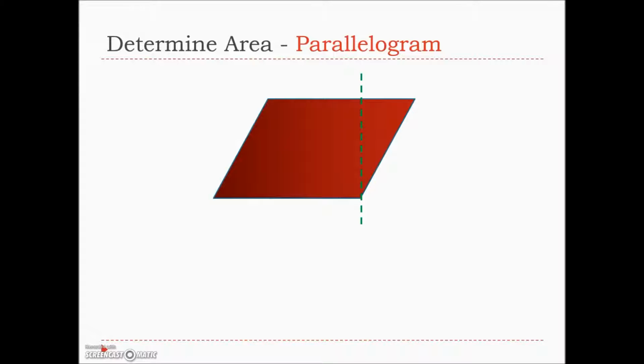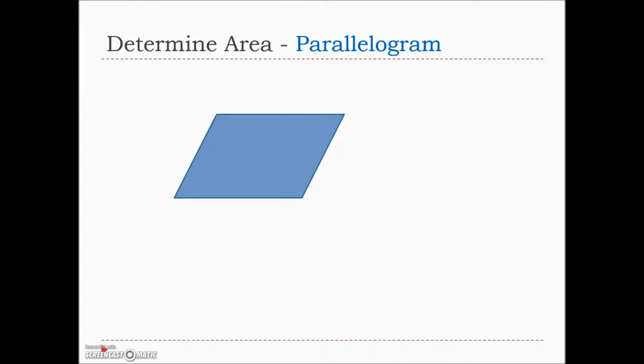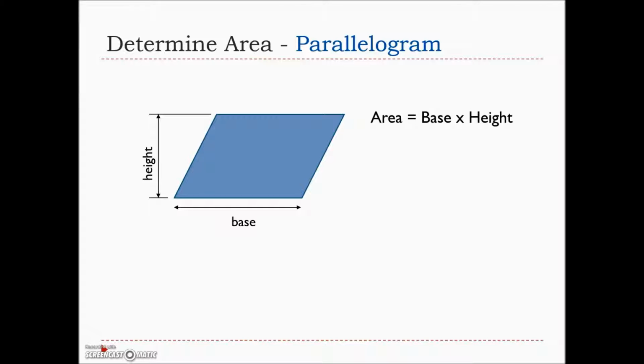And if you look at a parallelogram and cut where this dashed green line is, remove that piece and place it to the left-hand side, all of a sudden we've got the rectangle shape that we just looked at a minute ago. This is the basis for the formula then for the area of a parallelogram. We take the height, the distance between two parallel sides, times the length of a parallel side.